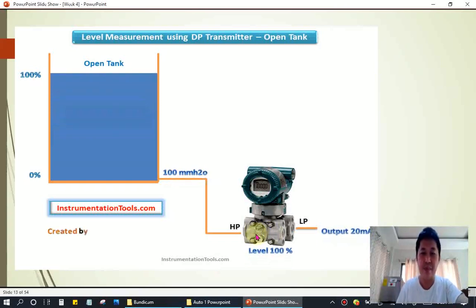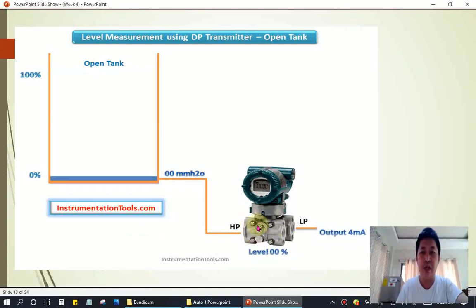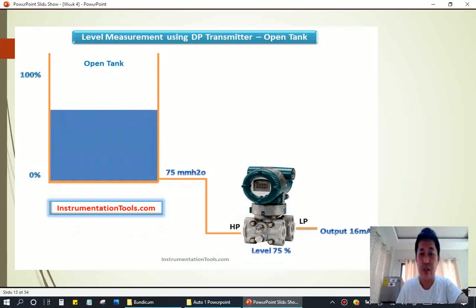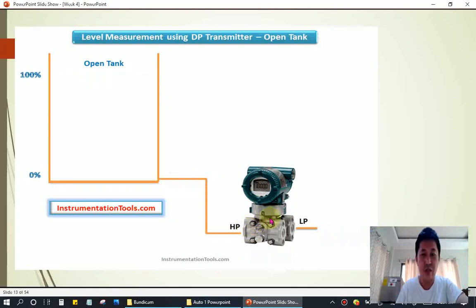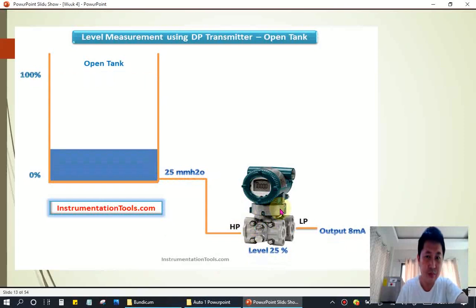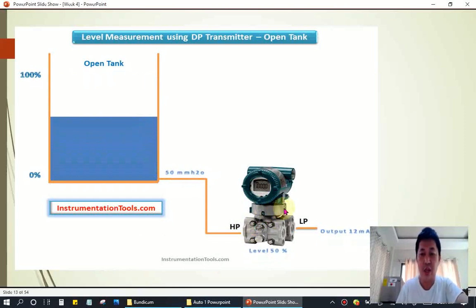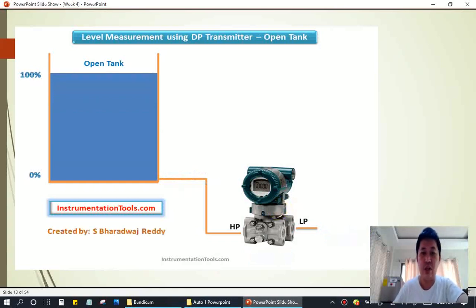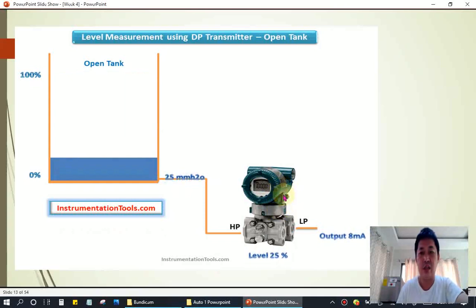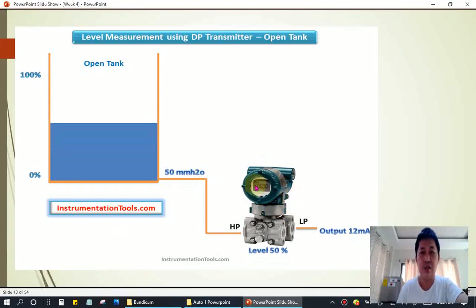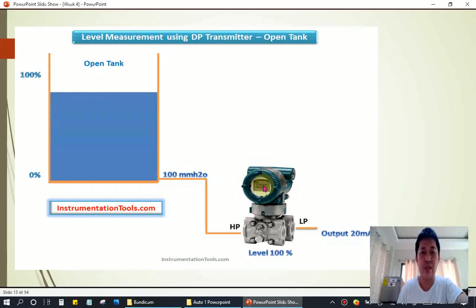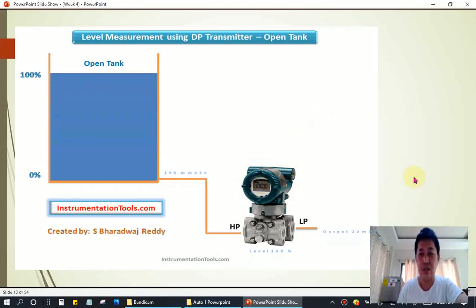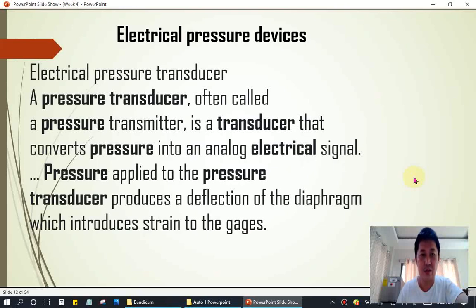Your diaphragm is moving, and this movement of the diaphragm is converted by the transmitter into an electrical signal, and it reads here the level of your tank. So that is an example of your electrical pressure devices.